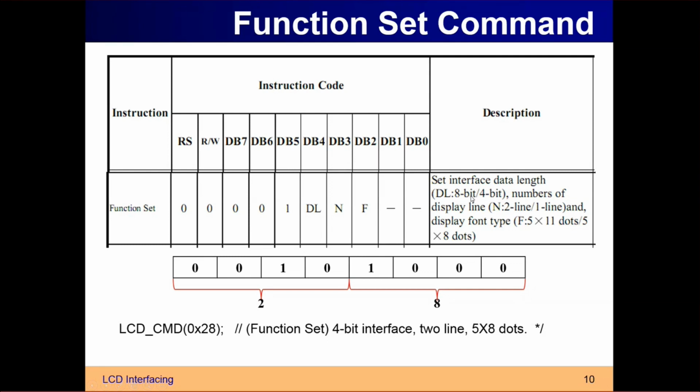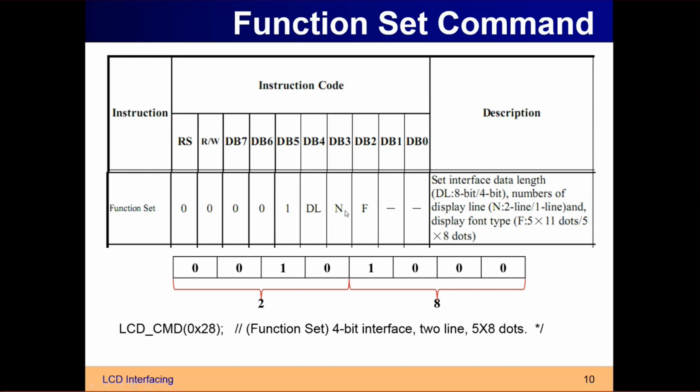But I need to configure 4-bit mode of operation. So what should I write here? 0. You can remember it like this: 1 bar 0. If I am writing 1, you are configuring 8-bit mode. If you are writing 0, you are configuring 4-bit. So here, what value should I write? 0. So I have written 0.